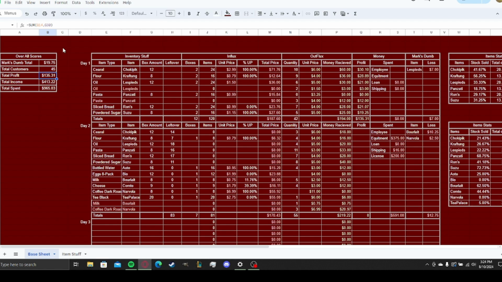Total, that number's wrong. That number will never be up there. That will just probably be erased, because if I can't do profits, I can't total it. But total income, though, was that.